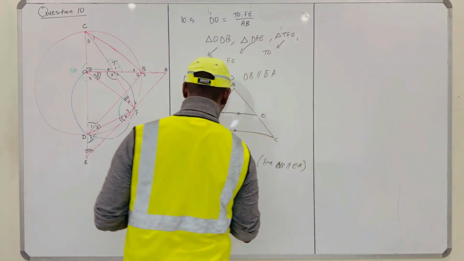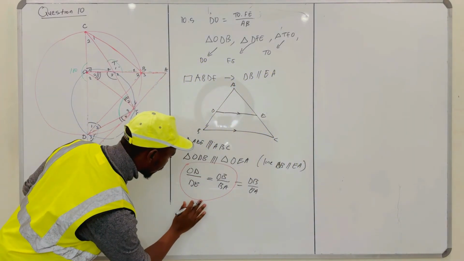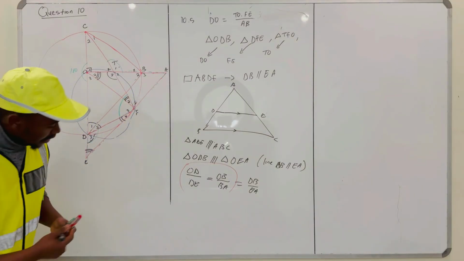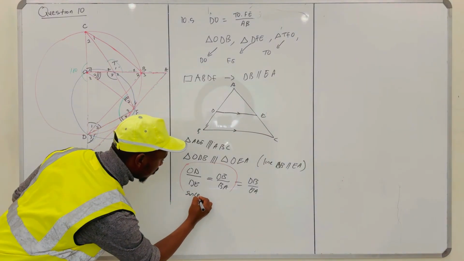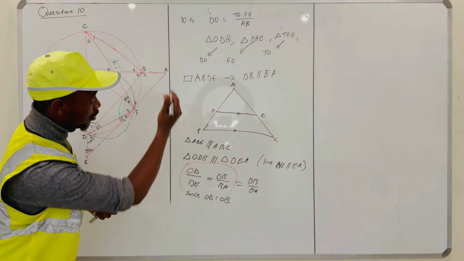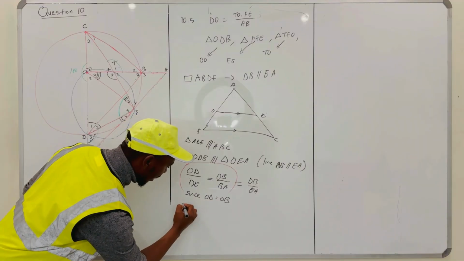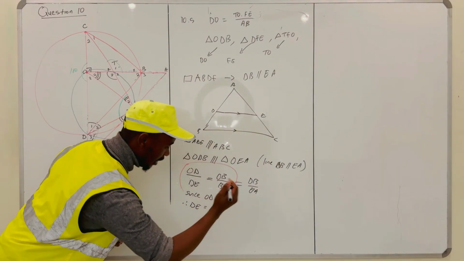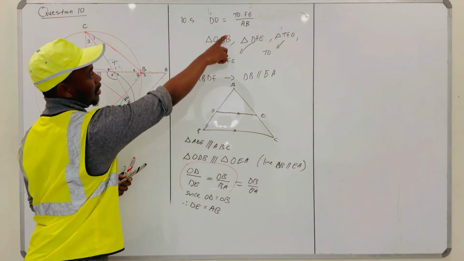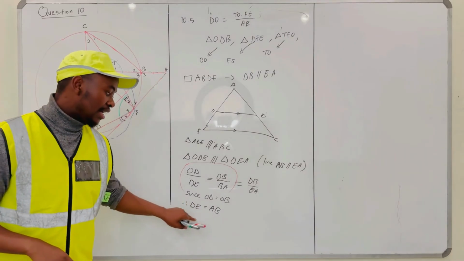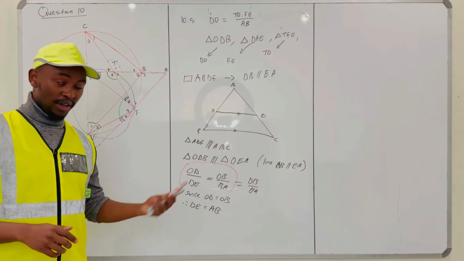So we can conclude from here that since OD is equal to OB, I don't have to state this, we've been talking about it previously, therefore DE should indeed be equal to AB or BA. I'm writing it as AB so you can at least identify it as one of those sides there.